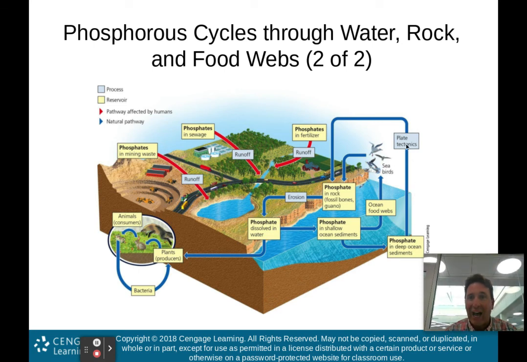Plate tectonics can lead to some issues with the phosphate, because now we have the rock cycle, as the phosphorus goes through rocks and bones and things like that. Then erosion will bring some of that phosphate back into the water, et cetera. So again, definitely have a general idea of what's going on with the phosphorus cycle, and definitely come see me if you have any questions.